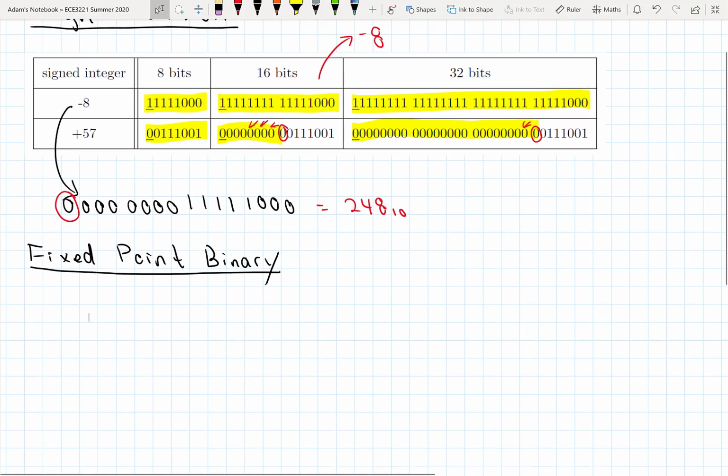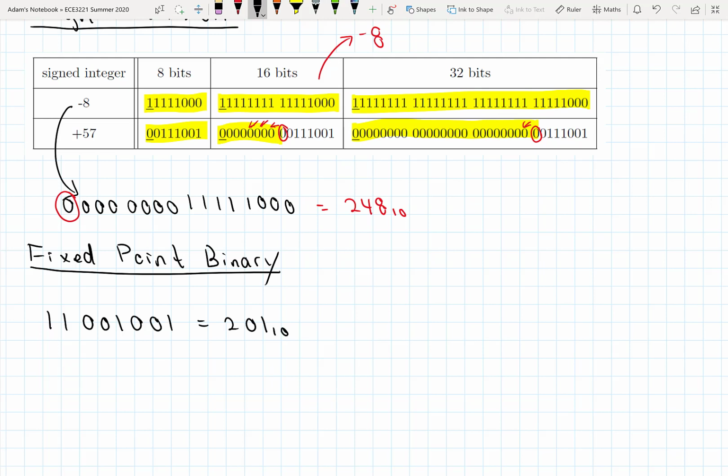So let's, for example, assume we have a binary number, and I'm going to use an example from the textbook because there's a nice table here to represent this. Let's assume we have a binary number that's equal to this. This is binary, base 2, and we can show that it's equal to a value of 201.